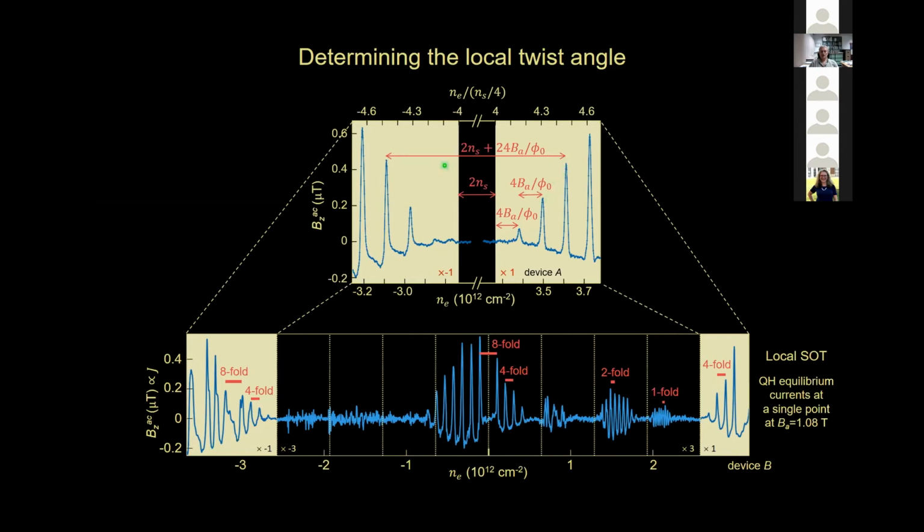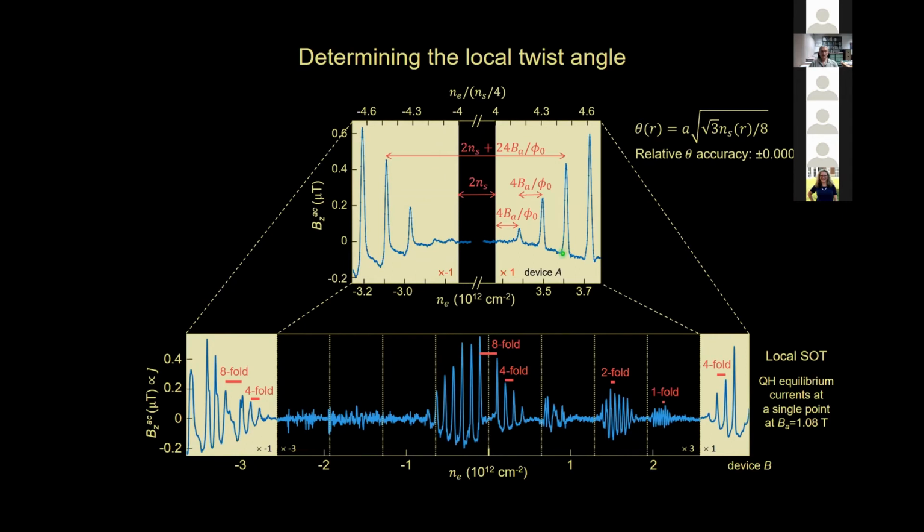So if we know this distance in units of carrier density between these peaks, we know ns. We just extract this ns. And since ns is related to theta, we can get the local theta at the position of the tip.